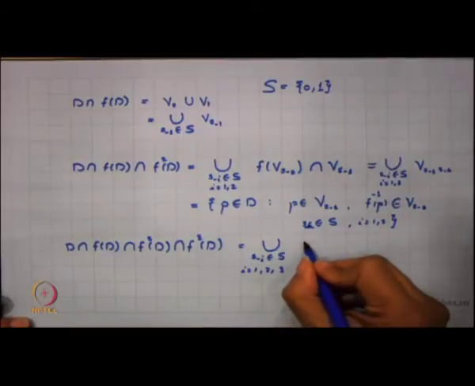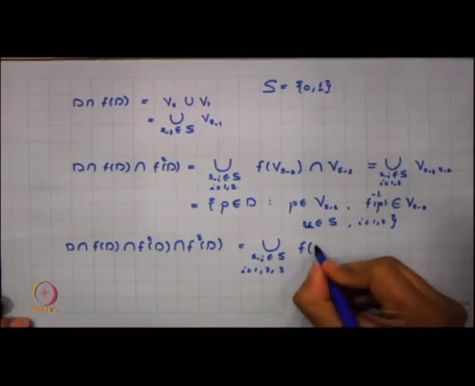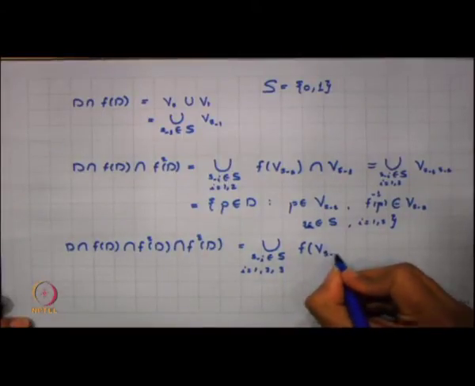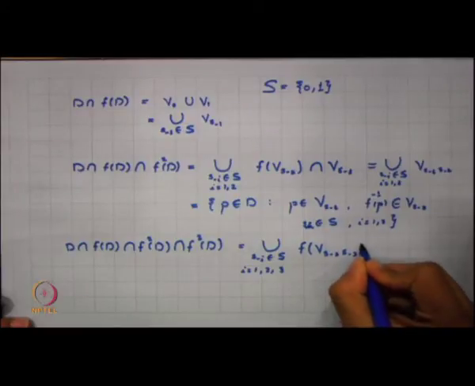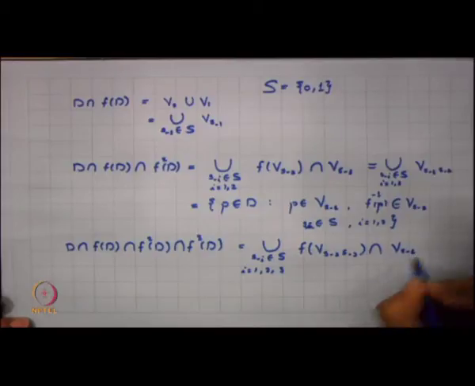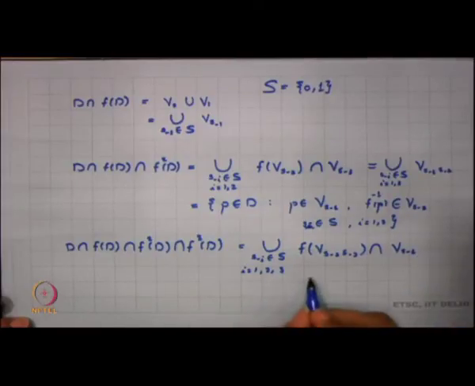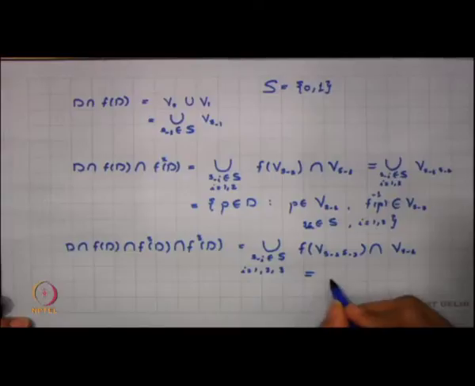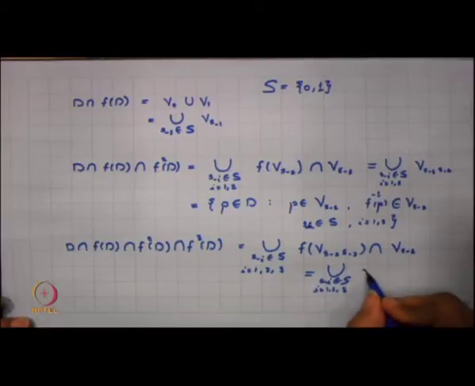I now have f of V S minus 2 S minus 3 intersection V S minus 1, which I can write down as a union over S minus I belonging to S, with I going from 1 to 3, of V of S minus 1 S minus 2 S minus 3.